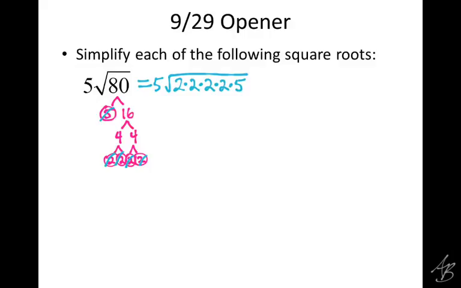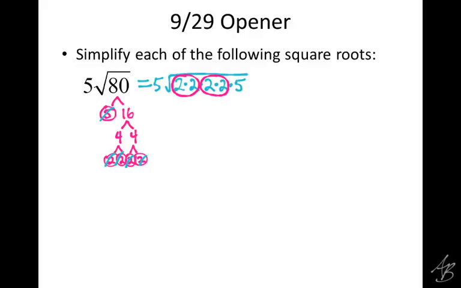All right, so now that we've rewritten the problem, we changed the radicand to the standard form of the prime factorization. Now we're going to look for what, Ryan? Okay, we're going to circle our pairs. So we've got a pair of 2s here and a pair of 2s here. So we have 4 2s on the inside, but that's going to become how many 2s on the outside? 2, right, exactly.